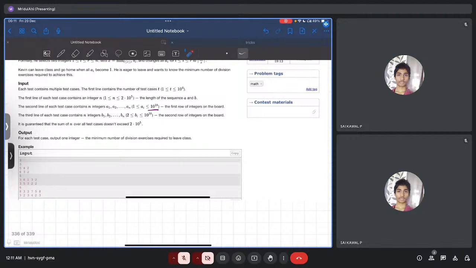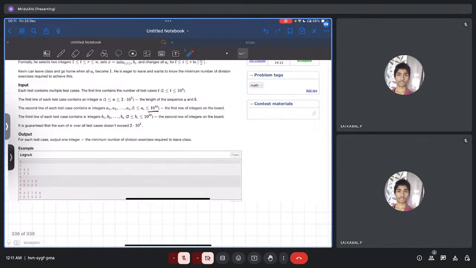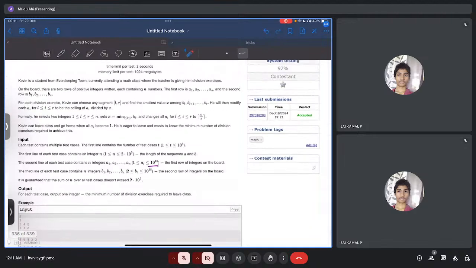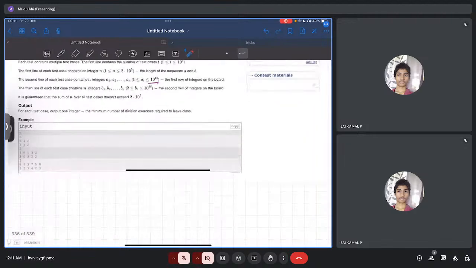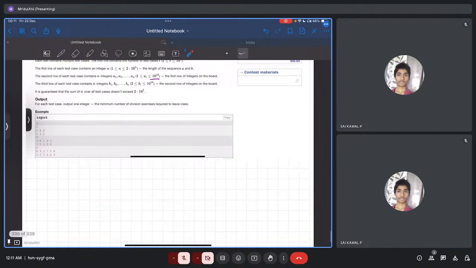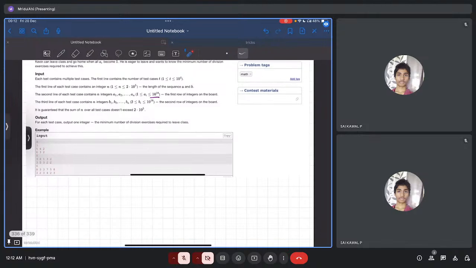So the constraints are n less than or equal to 2e5, A_i less than or equal to 1e18, B_i less than or equal to 1e18. Sum of n is less than or equal to 2e5. So order n log n or something would work, or order n log A_i. First we notice that B_i is greater than or equal to 2. So if we do the operation 1 comma n 60 times, then each A_i is destined to turn to 1.